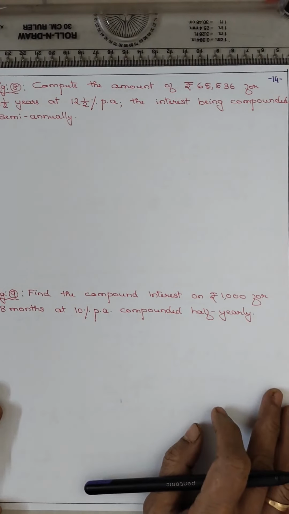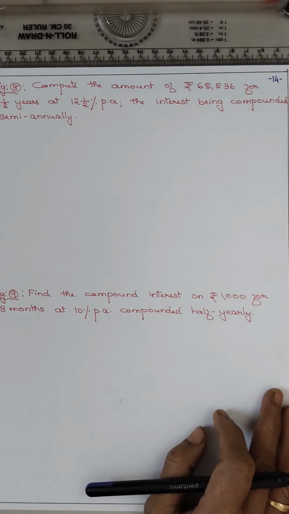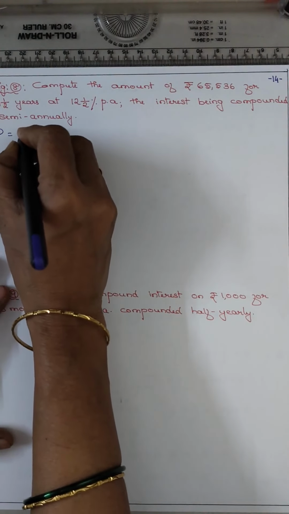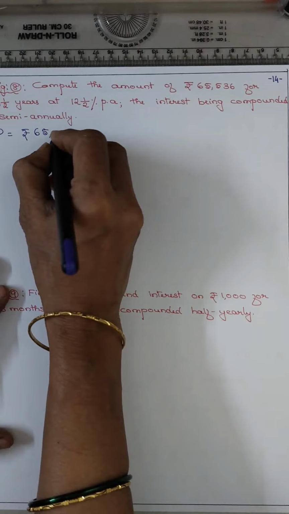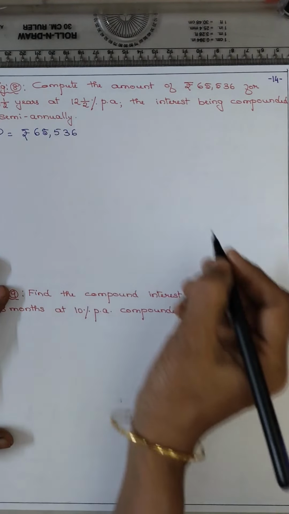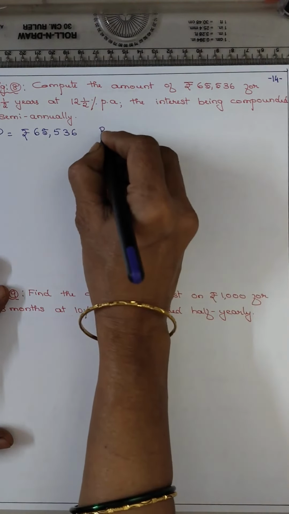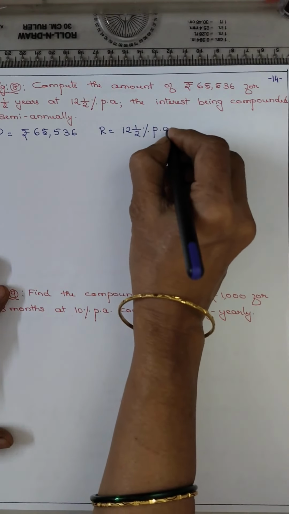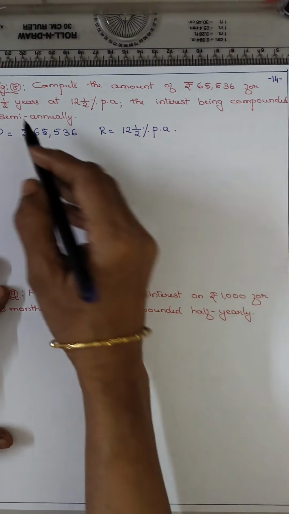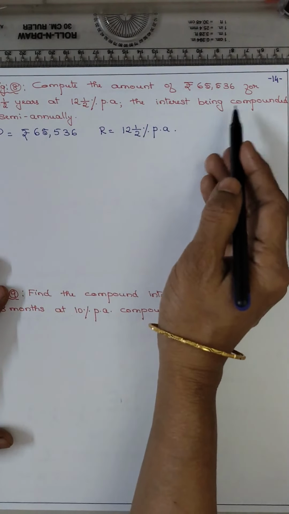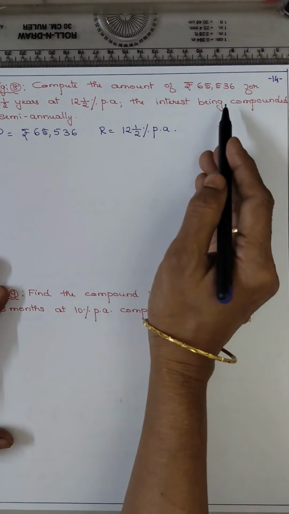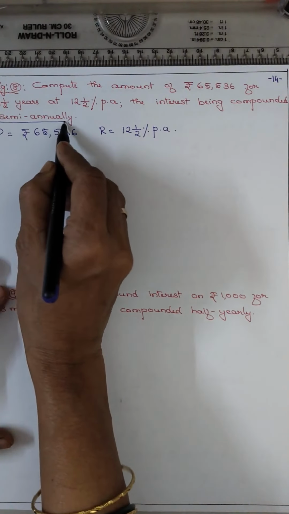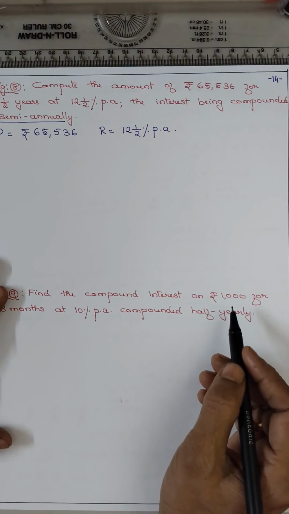Compute the amount of. So principal is given 65,536. Now R is equal to 12.5% per annum for 1.5 years, the interest being compounded semi-annually. Semi-annually means half yearly.